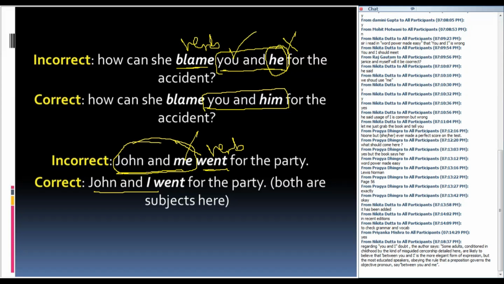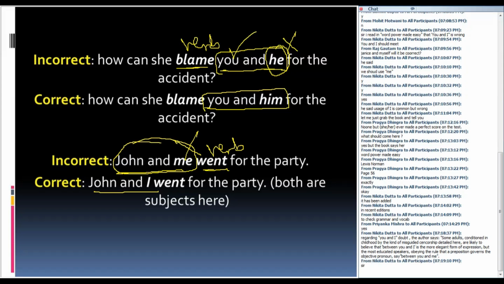Okay. Between you and me. No, but then you changed the sentence, Nikita. You added between. See, your query was, I cannot use you and I. Now you are saying whenever there's a word between, after the word between, I should say you and me and not you and I. There's a difference.